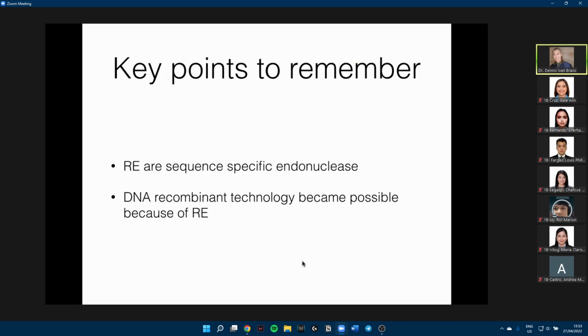Okay, so before we go on a break, here are some key points to remember. Restriction endonucleases are sequence-specific endonucleases in that they only recognize a certain palindrome sequence. DNA recombinant technology became possible because of the discovery of restriction endonuclease.